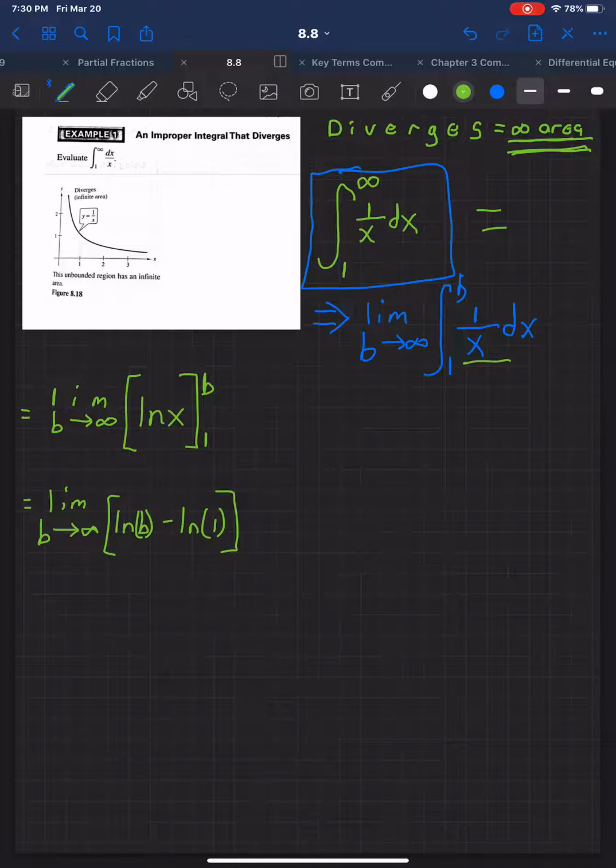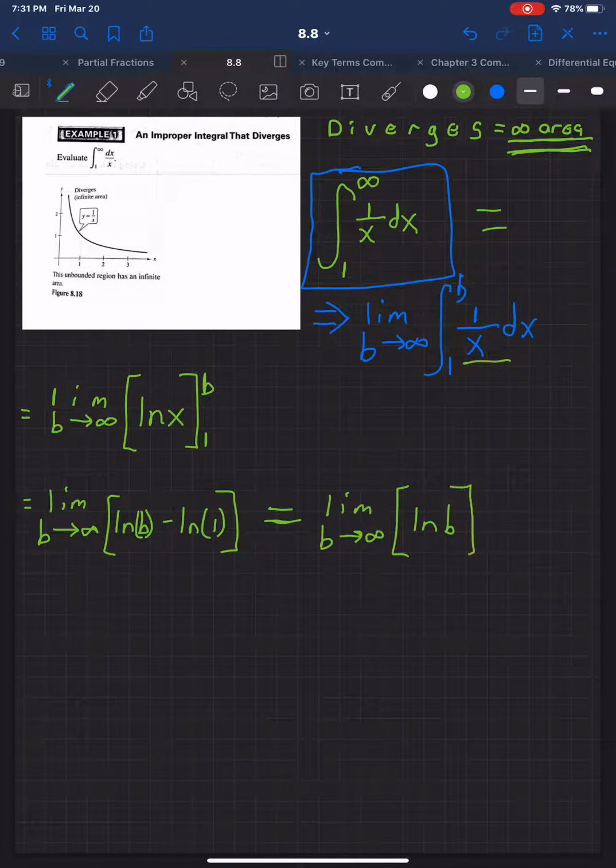Okay, and now the definite integration portion is done. So there's nothing left to do in this problem except to evaluate the limit. Ln of 1 is just 0. So really, it's just the limit as b approaches infinity of ln b.